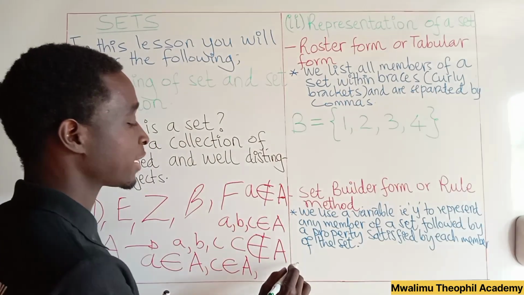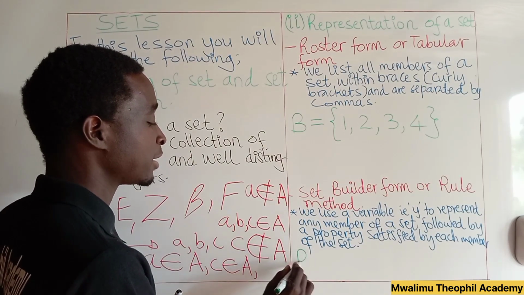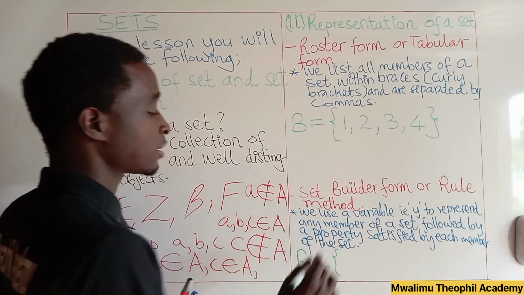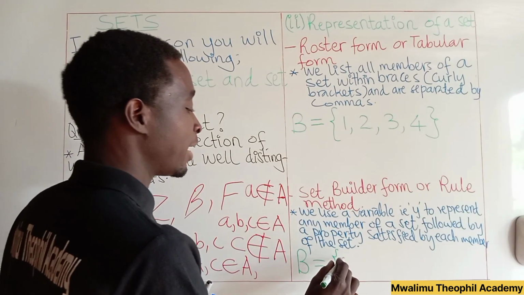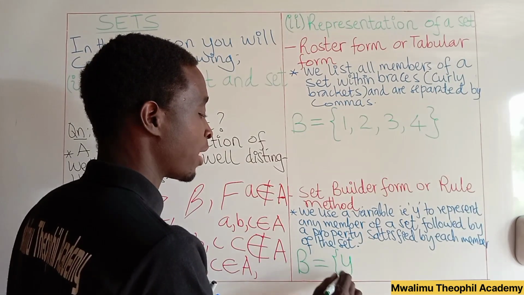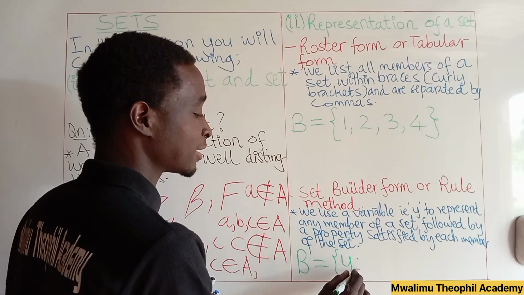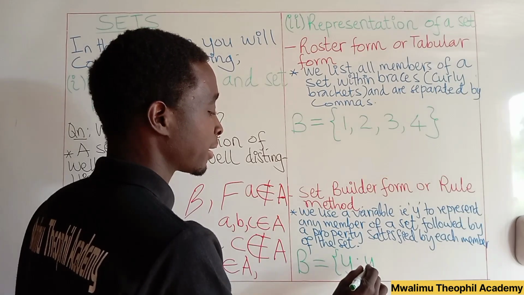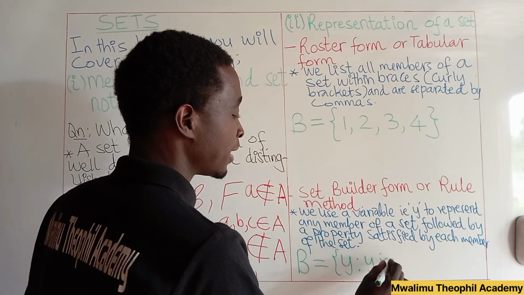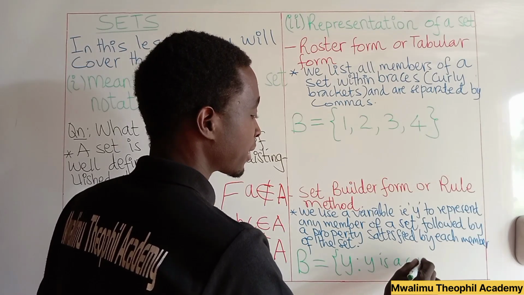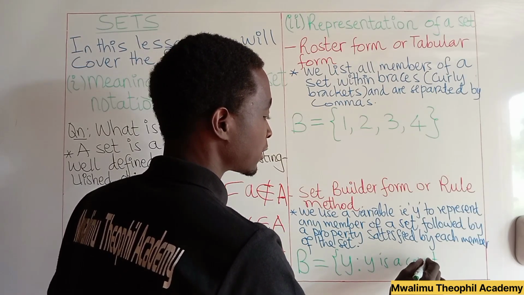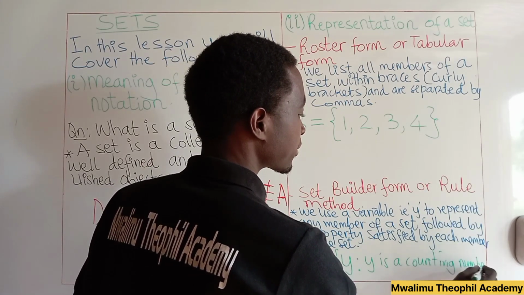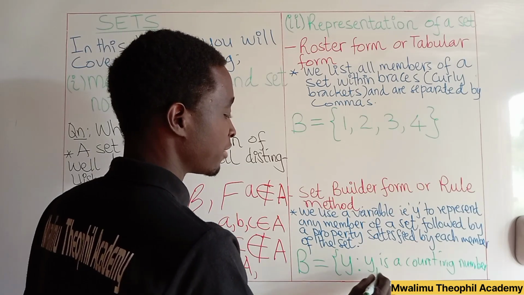Here we will say that set B has the following members, which are y such that y is a counting number less than 5.